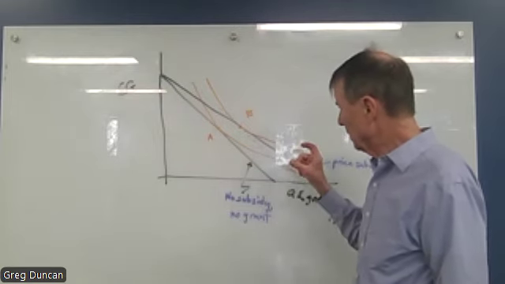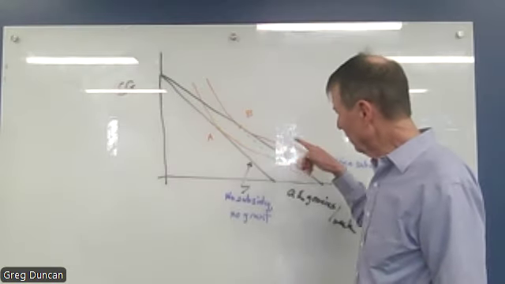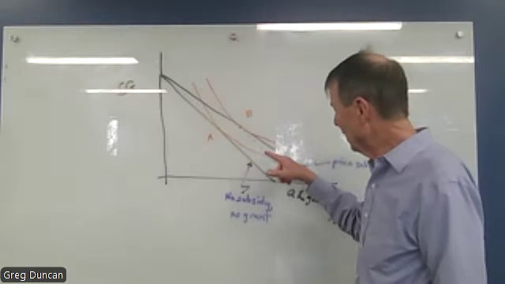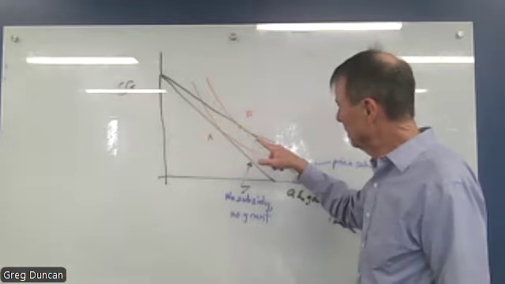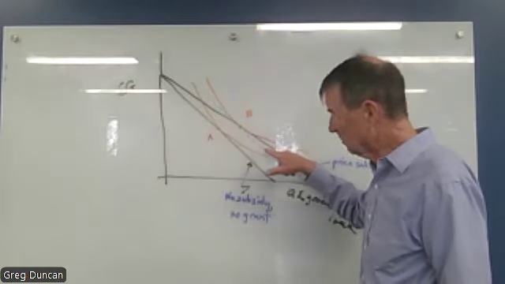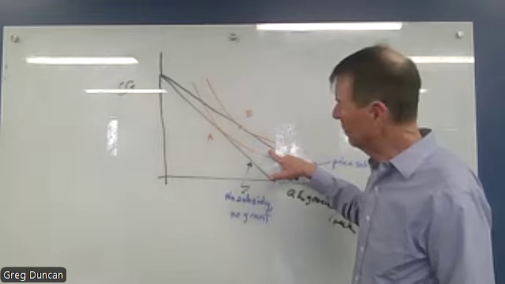So the question is whether you'll get to a higher indifference curve if you're facing this dashed green line. I don't know if you can see the dashed green line.